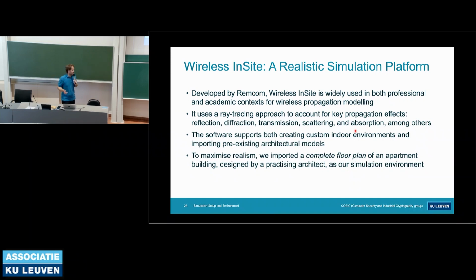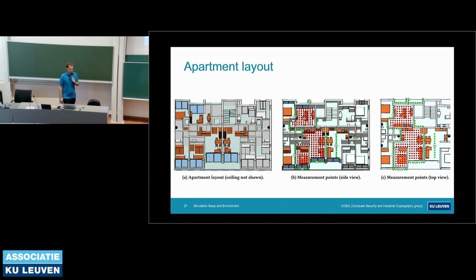In order to make our simulations as close as possible to reality, we decided to import a complete floor plan from an architectural model, from a practicing architect, to make it as realistic as possible. Here you can see the apartment layout from different angles, and you can see that it consists of different rooms of different shapes and sizes.